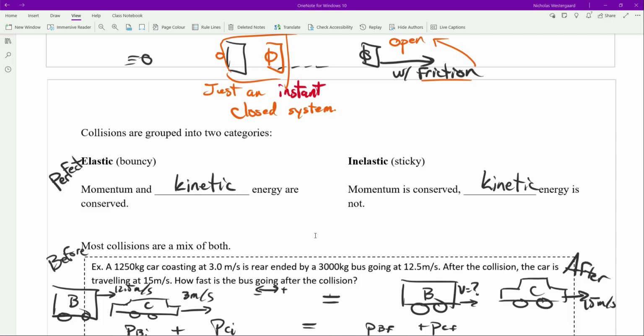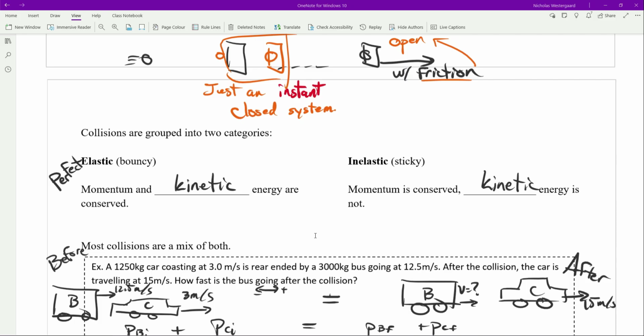When they collide, it would make an enormous quantity of noise. There would be a lot of deformation on the car itself. The car would be crushed a fair bit, and noise and the deformation of the car are all forms of energy.